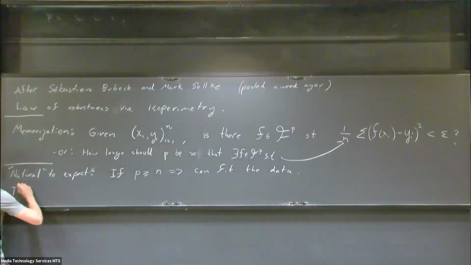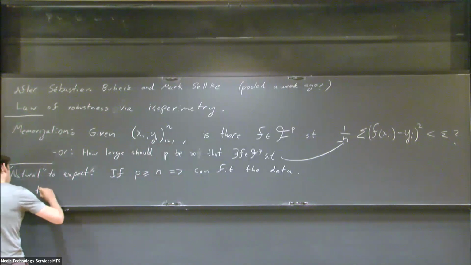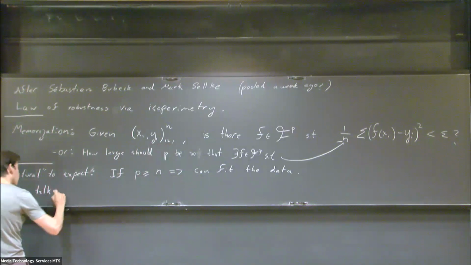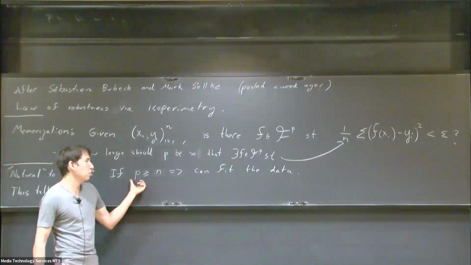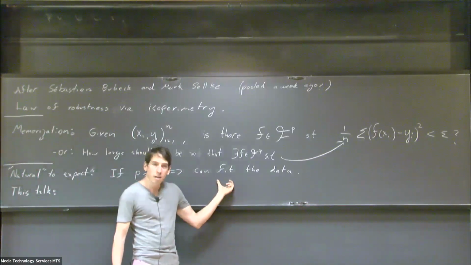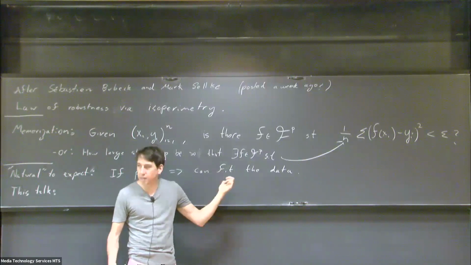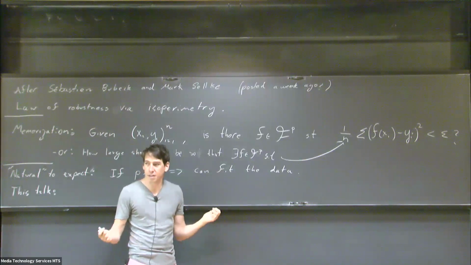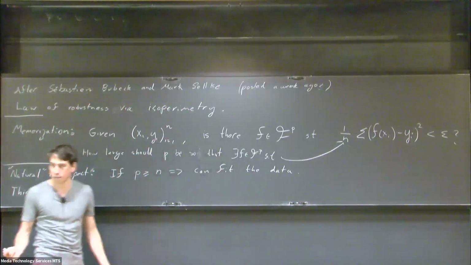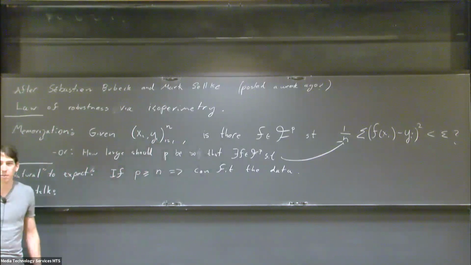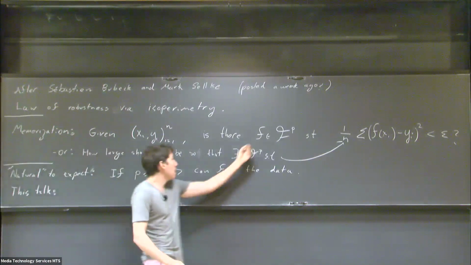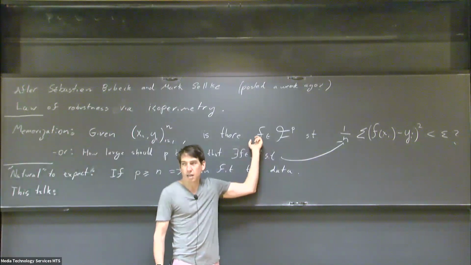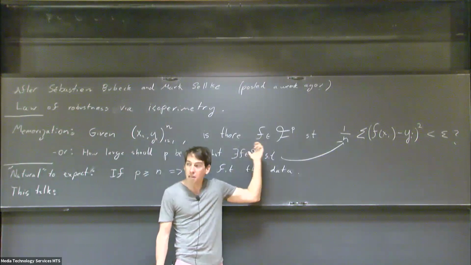And in this talk, we're going to ask the question, how large should P be so that we can fit the data, but we can also do it robustly? There are several meanings one can give to robustly, but the meaning that we're going to give is that I want F to be nice, and in particular, I want it to be Lipschitz.